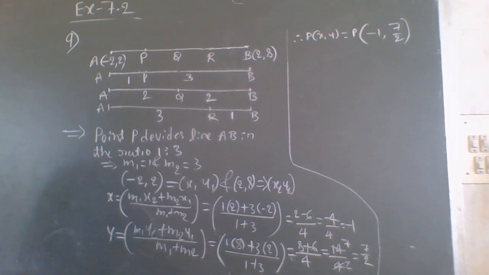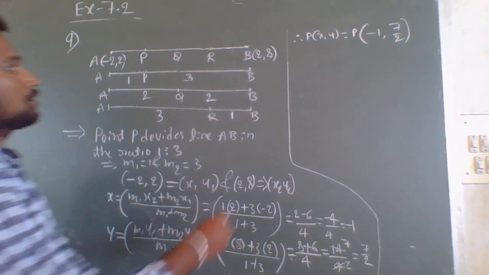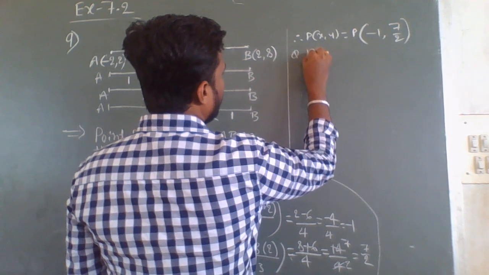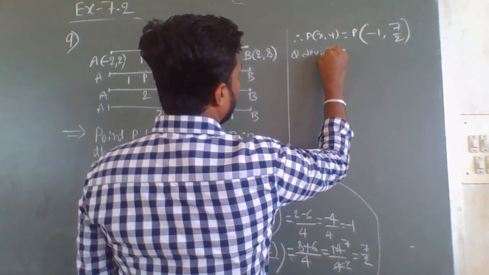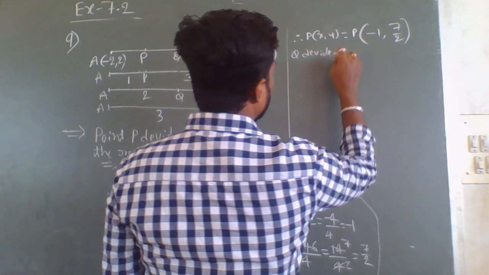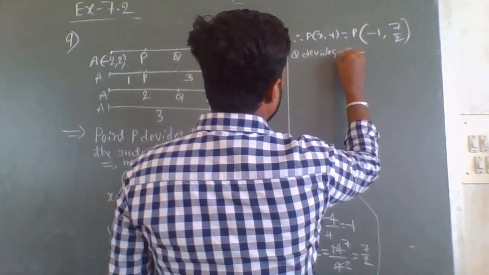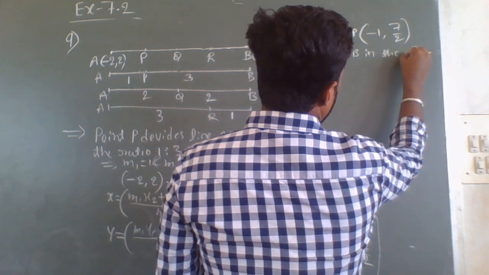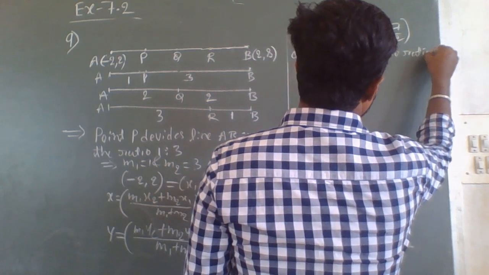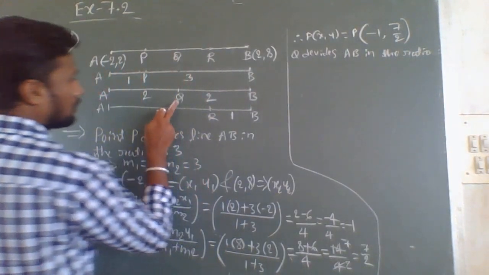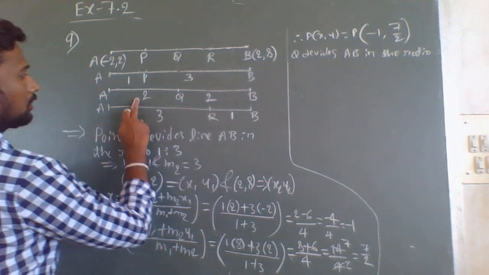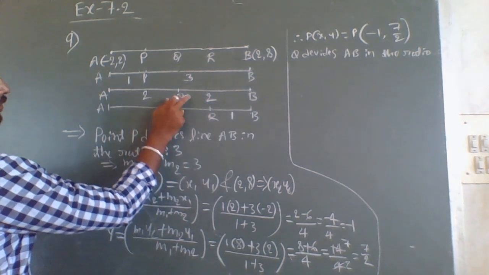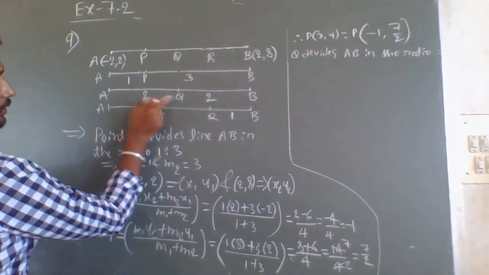So now again we will consider point Q, next one. Okay, here Q divides AB in the ratio. What is the ratio? This Q is dividing line AB in the ratio 2 is to 2 here.